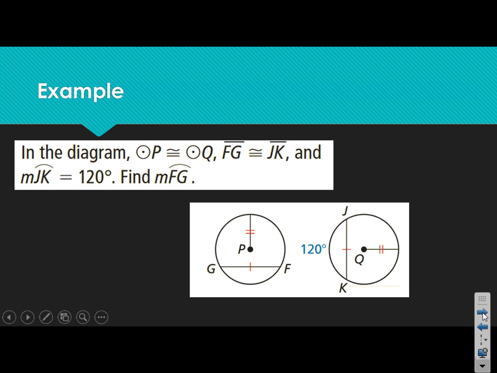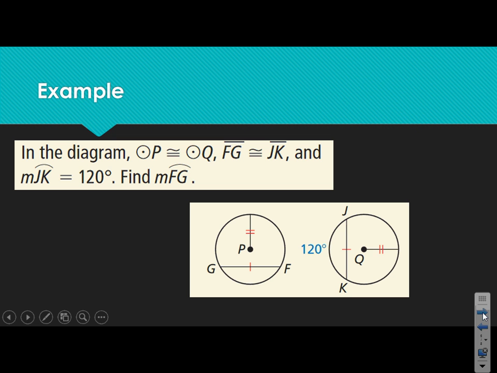All right, so let's look at this example. In the diagram below, circle P is congruent to circle Q. It's given in words, and you can see it in the picture because the radii are congruent, the two tick marks. It also says that FG is congruent to JK, marked in the picture. And you know that arc JK on the right side of this diagram is 120 degrees.